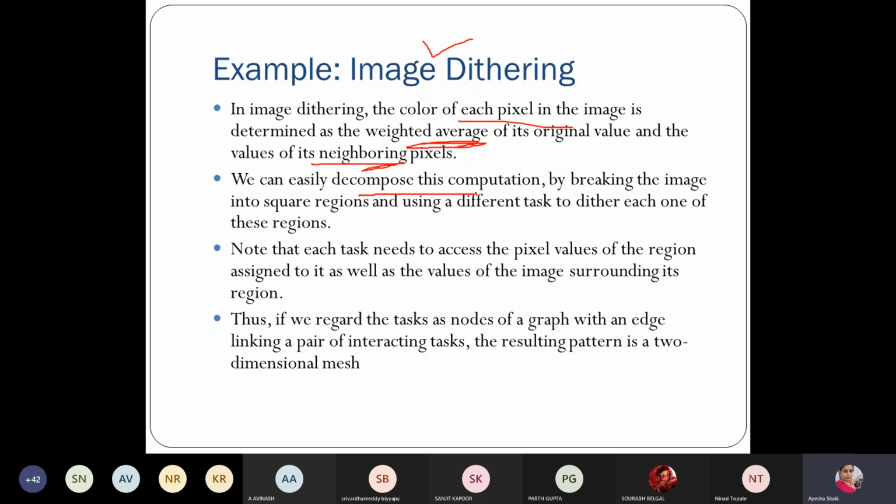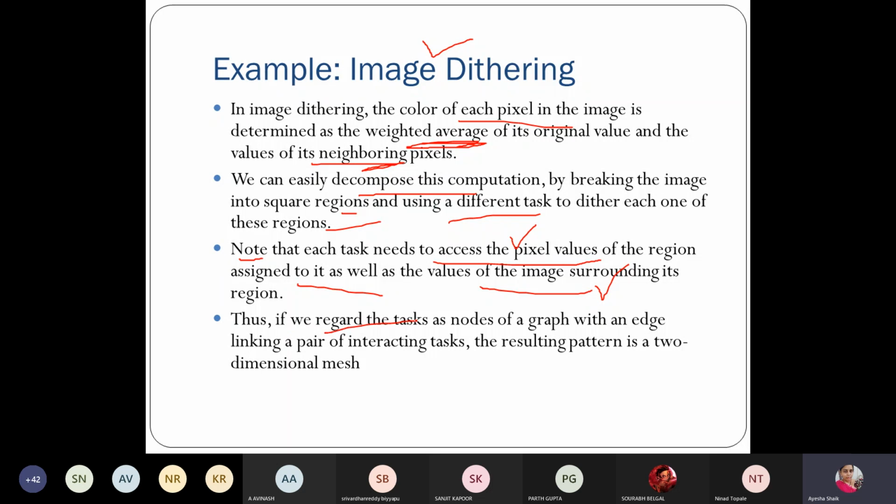We can easily decompose this computation by breaking the image into square regions and using a different task to dither each one of these regions. Note that each task needs to access the pixel values of the region assigned to it and the values of the image surrounding its region also. So it has to consider both the pixel values in that region and the surrounding pixel values.